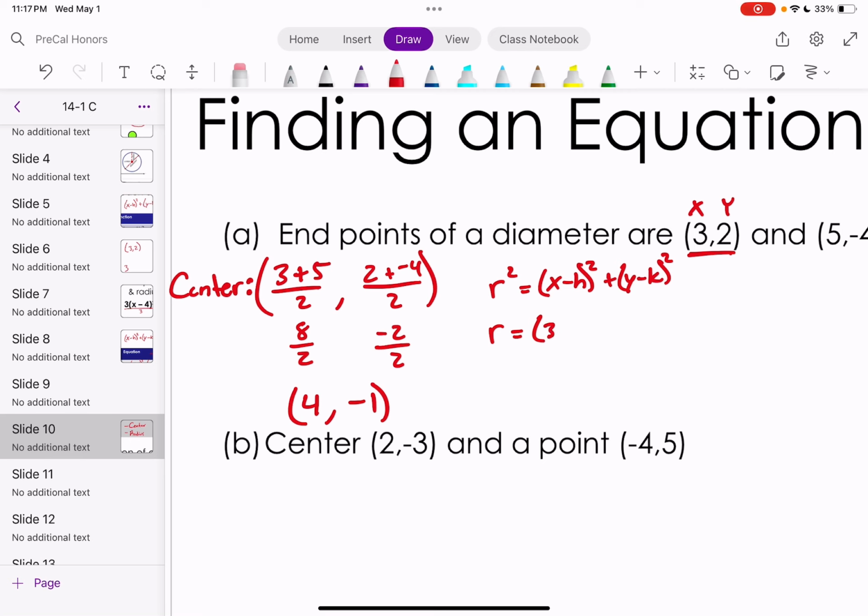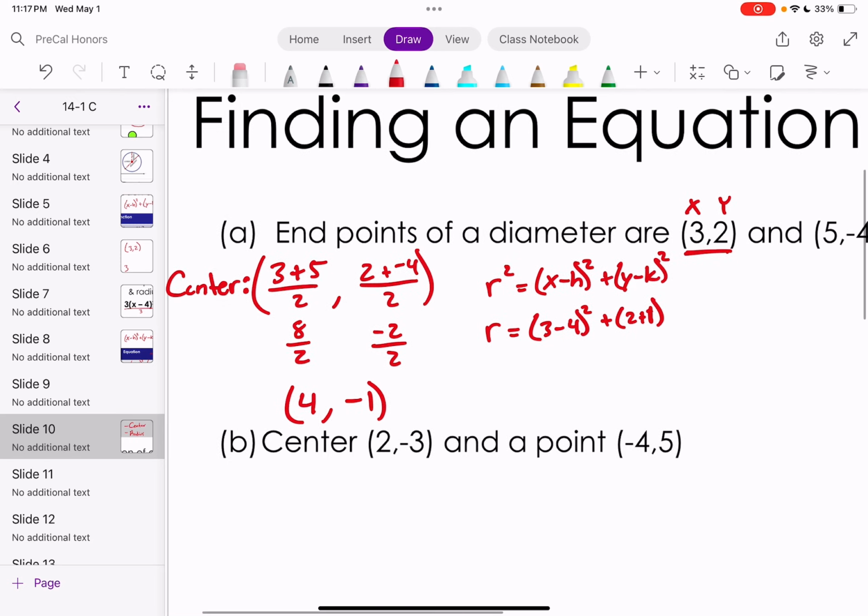This would be 3 minus 4 squared plus 2 minus a negative 1, which is adding 1 squared. And we're going to look at the square root of this entire problem.